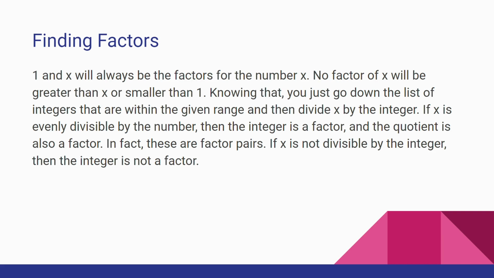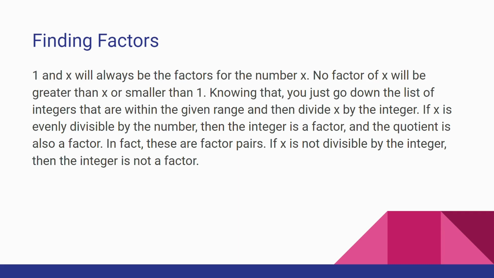So, finding factors. If you have a number, let's call it x, x will be our variable for a number, then the factors for x will always have 1 and x as factors, and no factor of x will be greater than x or smaller than 1.